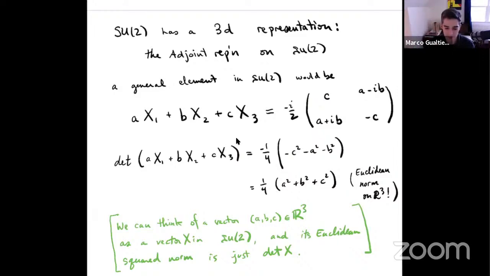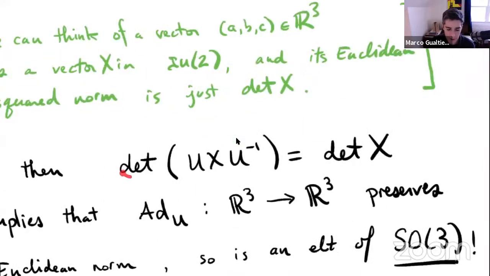And the cool thing is that if you take the determinant of U X U inverse, then you get determinant U, determinant X, determinant U inverse, and the determinants of U cancel out. So this means that when you conjugate by your element of SU2, you're not changing the norm, and therefore it's an orthogonal transformation.